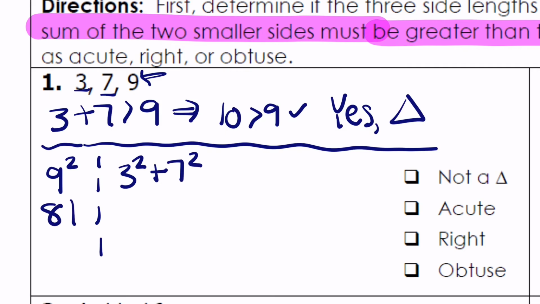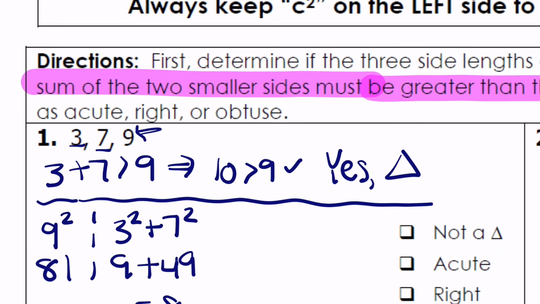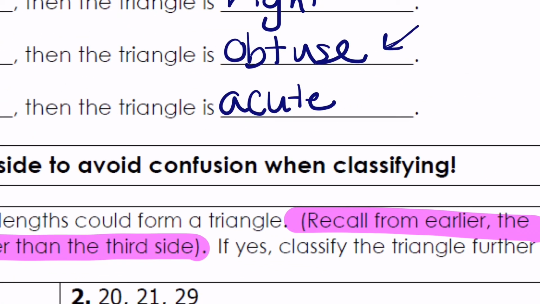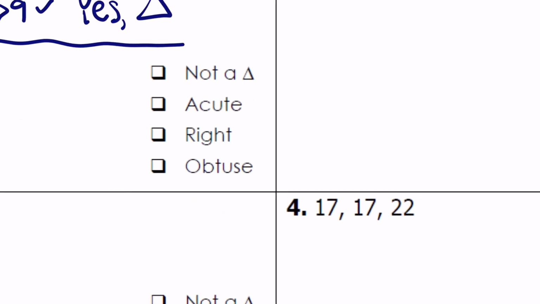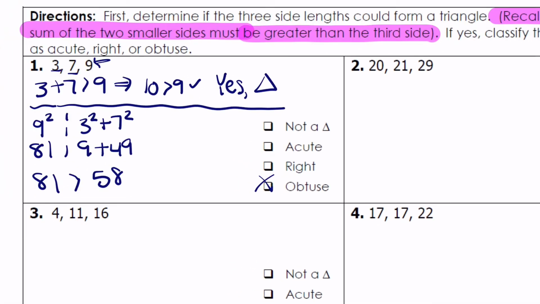So 81 and 9 plus 49. So is 81 greater than, equal to, or less than 58? Well, it is greater than. So when we look back up here, that means it is an obtuse triangle. So we're going to mark obtuse. And that is that.